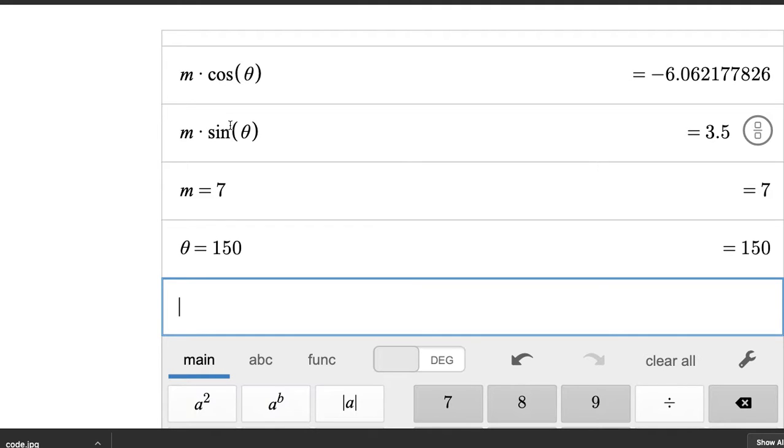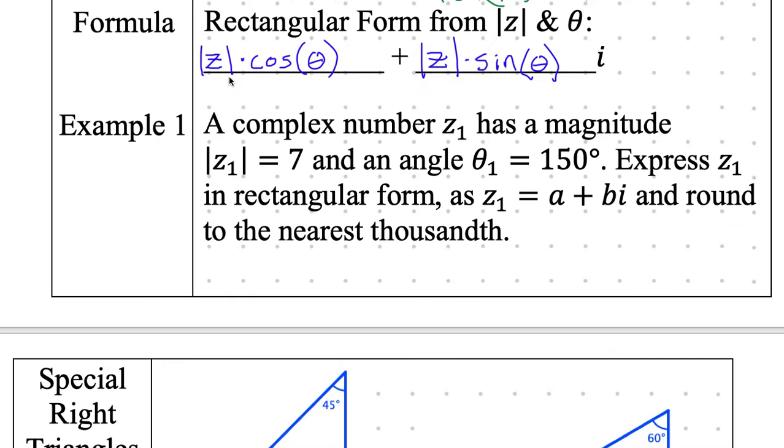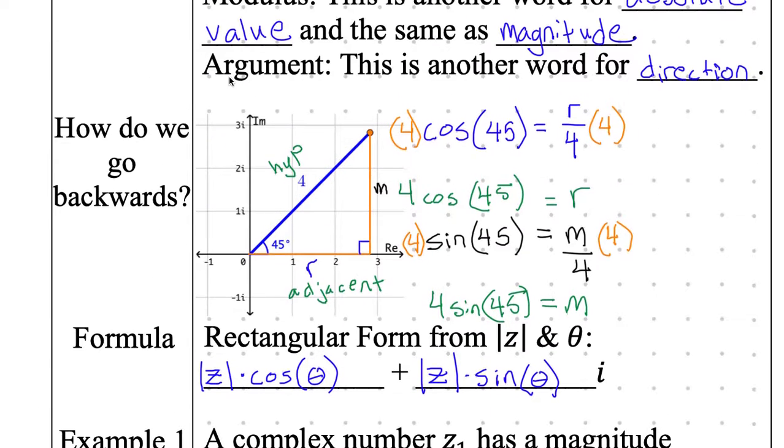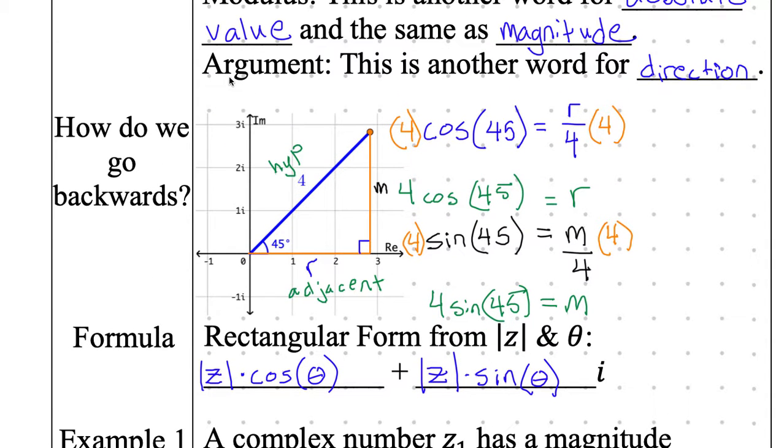So sine is the imaginary direction, cosine is the real dimension, and this is the same thing for physics. How many of you are in physics right now? All of you. So I don't know if you've learned this already, but maybe Mr. Brown will be impressed. If you're going in the x direction, left and right, it's always going to be cosine. If you're going up and down, it's always going to be sine.